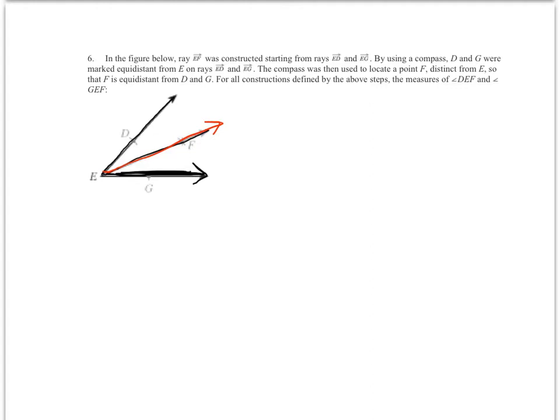The compass was then used to locate point F, distinct from E, so that F is equidistant from D and G. For all constructions defined by the above step, the measures of angle DEF and angle GEF, and then you're supposed to figure out how are those related. How is DEF related to GEF?